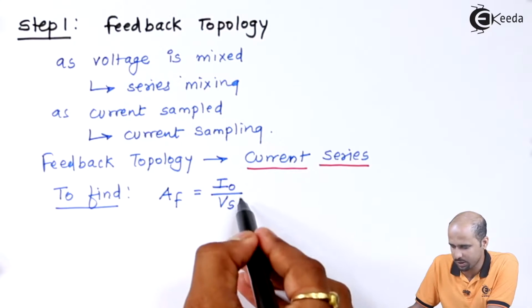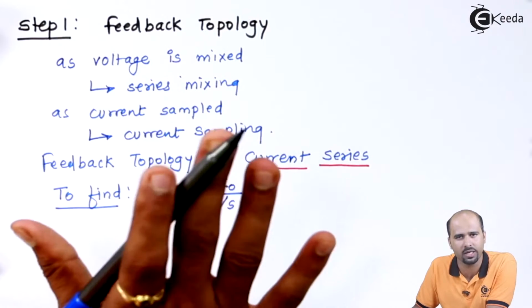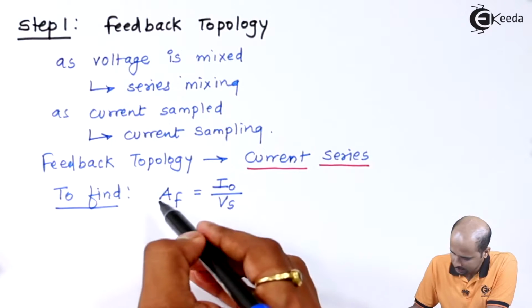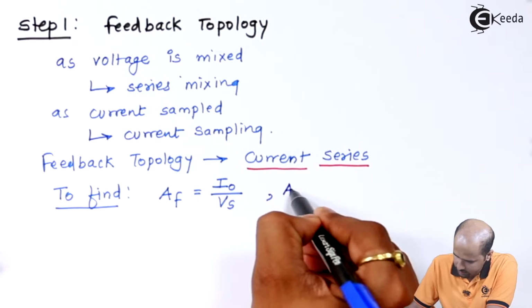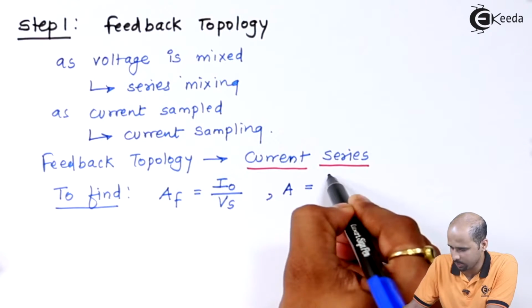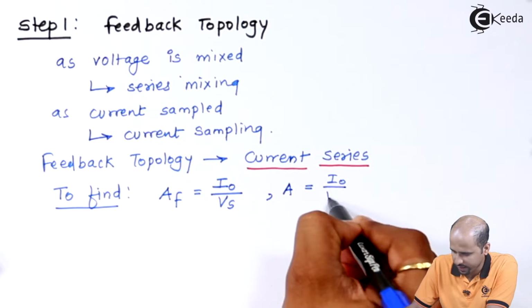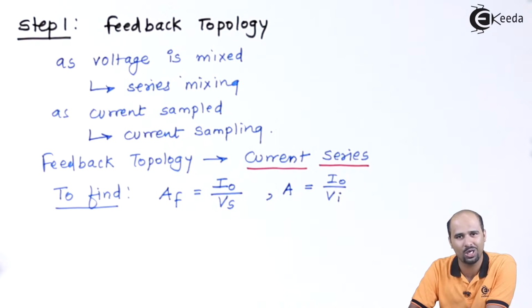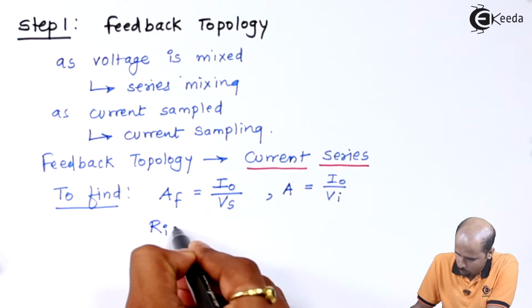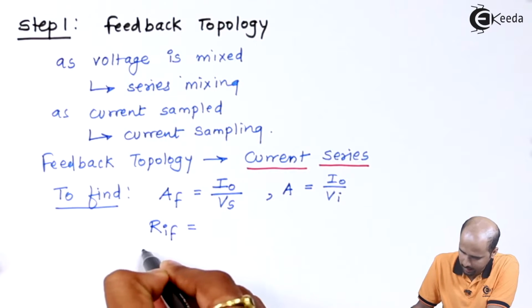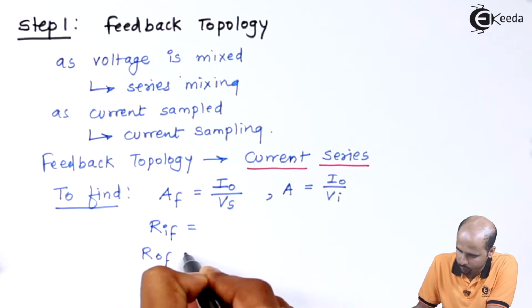So I want this particular ratio IO divided by VS in short. Clear? Then what we will calculate? We'll calculate A, that is nothing but IO divided by VI. Clear? Next, we'll say what is RIF and what is ROF.